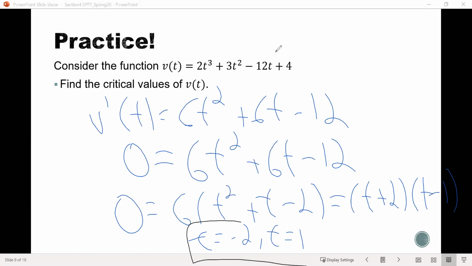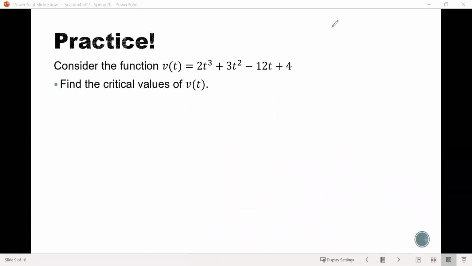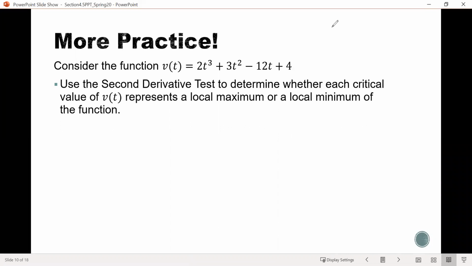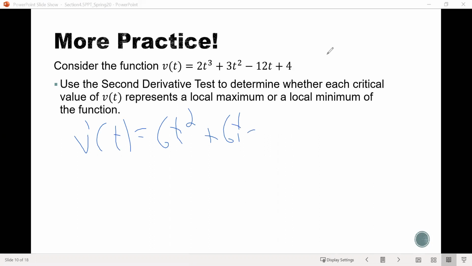Okay, so now that we have those critical values, let's use the second derivative test to determine whether or not they're the locations of local mins or local maxes. So in order to use the second derivative test, first of all, we need to find the second derivative. So we had our first derivative was 6t squared plus 6t minus 12.